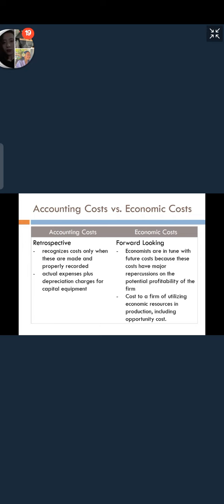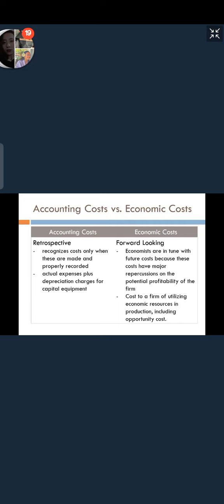So what is opportunity cost? Any idea? What is opportunity cost first? So opportunity cost is a very basic concept when it comes to economics.